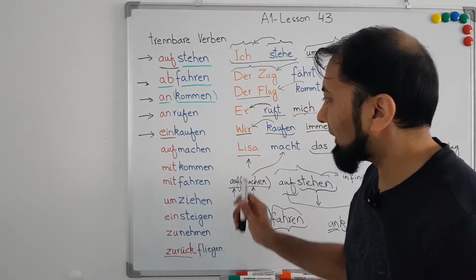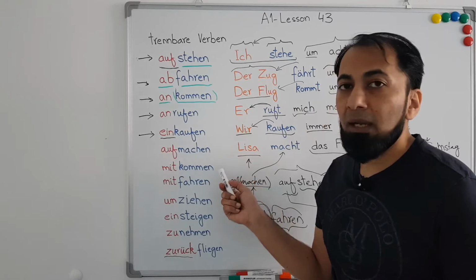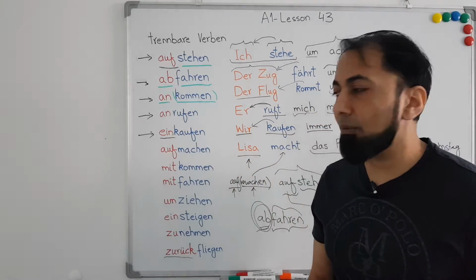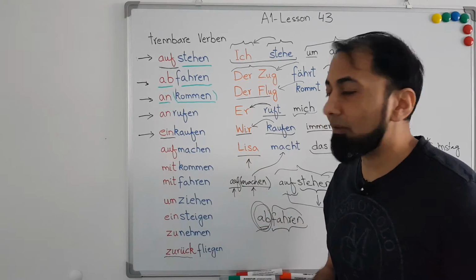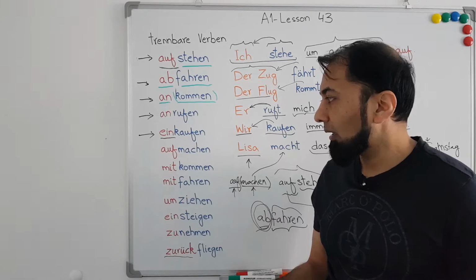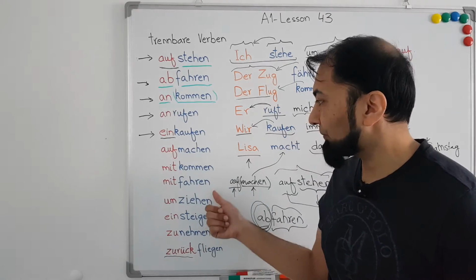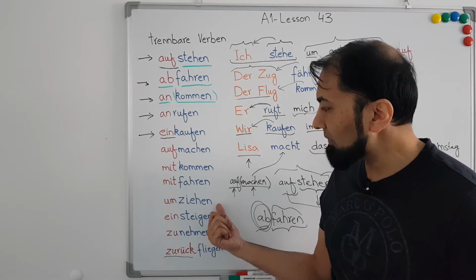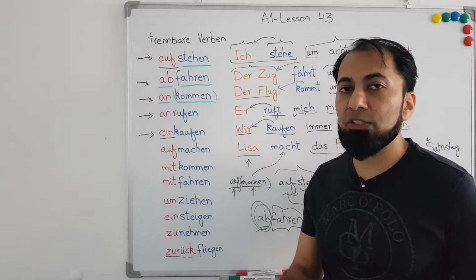Now I have listed further separable verbs, and it's your homework to make one sentence with each of these separable verbs. I can tell you the meanings. Mitkommen means to come with someone. Mitfahren, to travel with someone. Umziehen means to relocate.